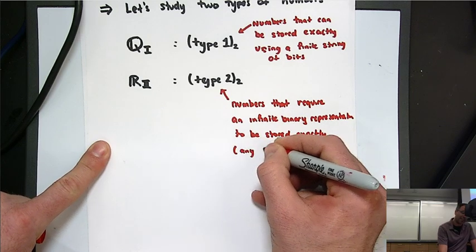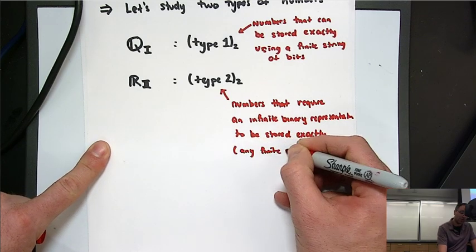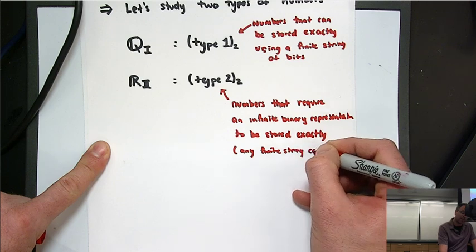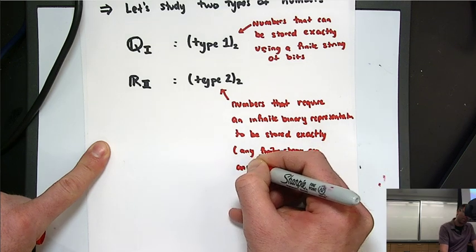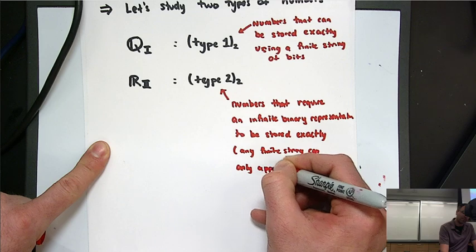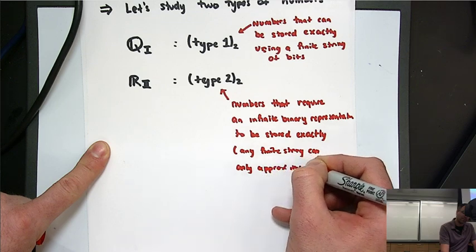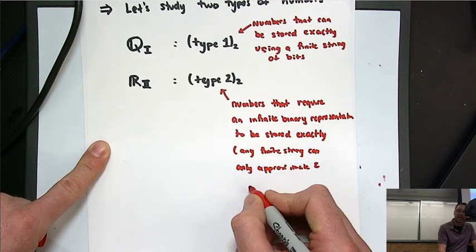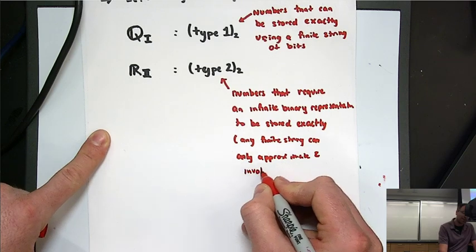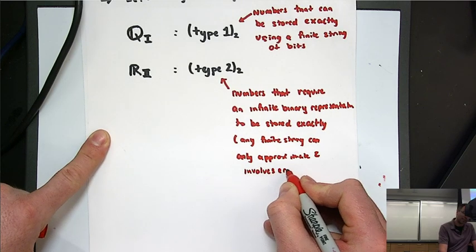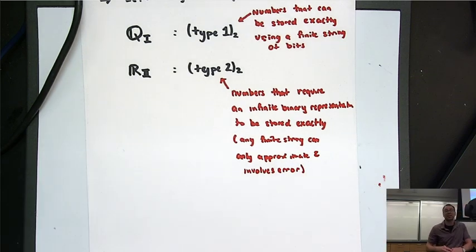Any finite string can only approximate, and involves significant or hopefully non-significant errors.